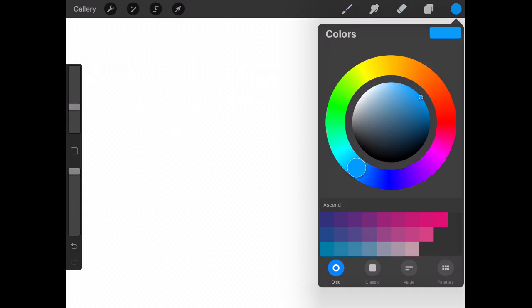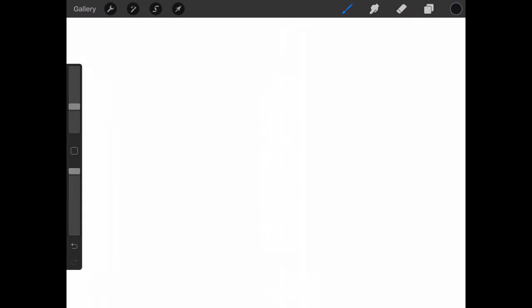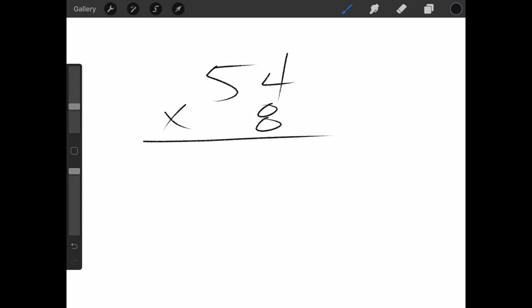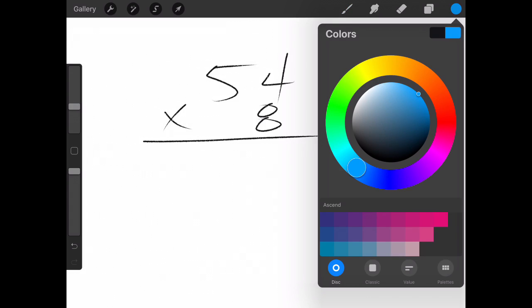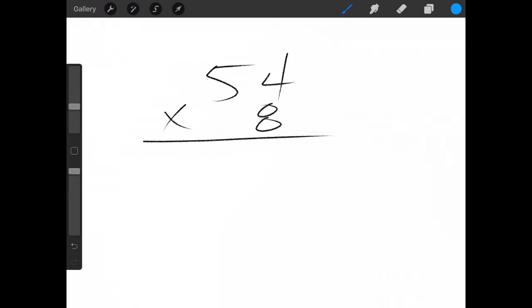Here is another example. I'll do another 2 by 1 example, and then I'll show you a 3 by 1. Let's say I have a number like 54 times 8. I'm using my finger, by the way. I lost my stylus, so if that's a little sloppy, I apologize. And again, we know that 54 is going to break into 50 and 4.